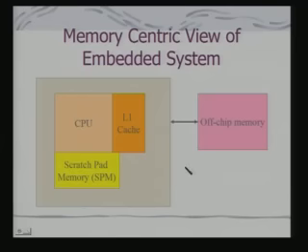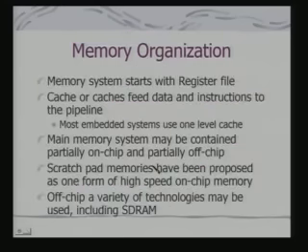Now, what we shall look at is what these components are, and how they can be organized and used. So, the memory system in an embedded appliance starts with the register file, which is typical to the microcontroller being used in the embedded system.